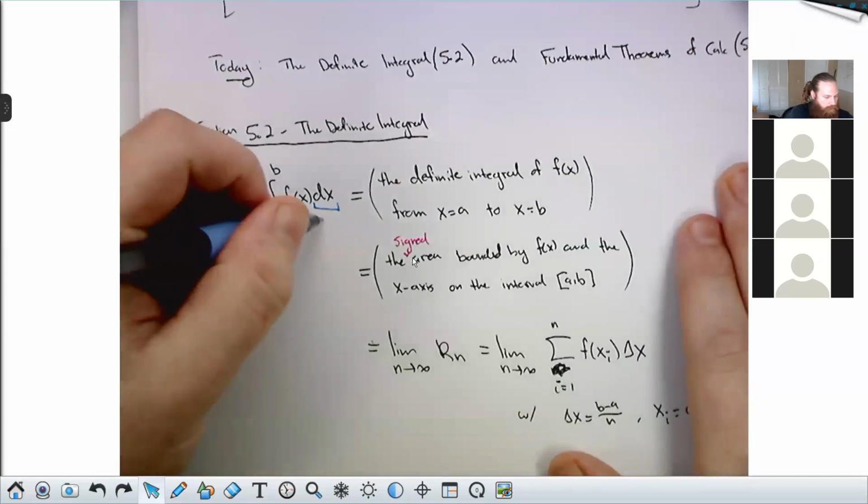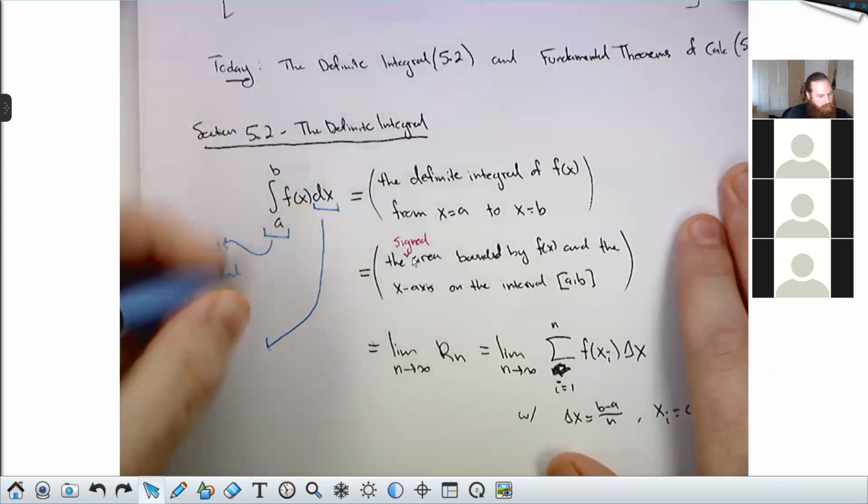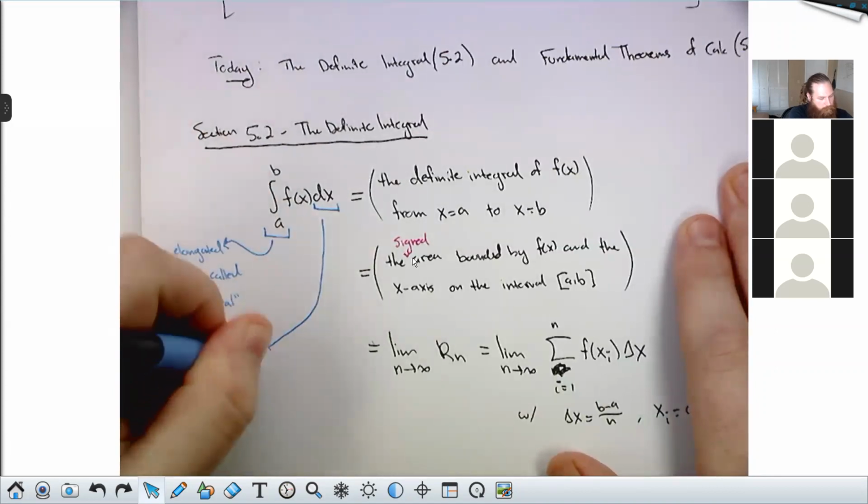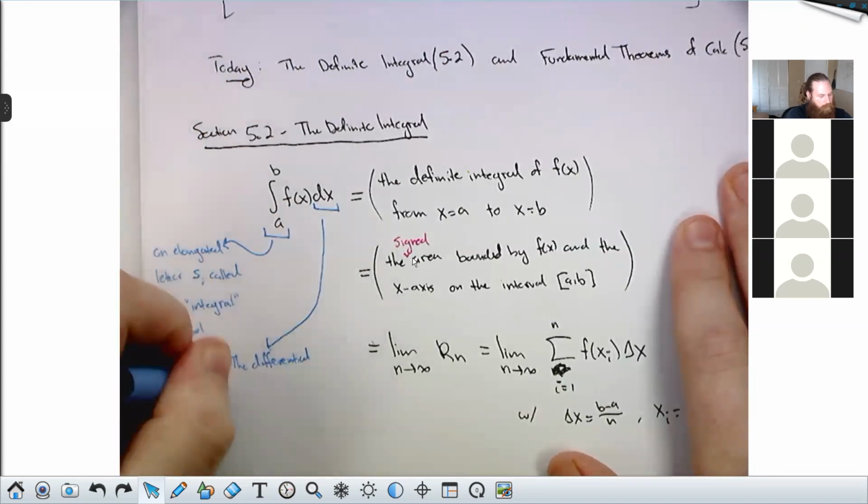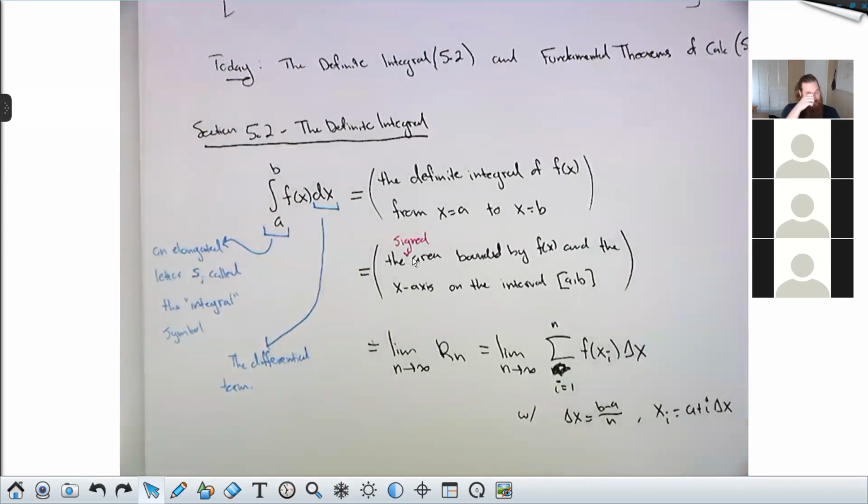The dx at the end is called the differential term. Unfortunately, we really don't have the tools in Calc 1 to explain in detail what this is. It's called a one form. It's a differential form, which is a mapping from a vector space to the real numbers.